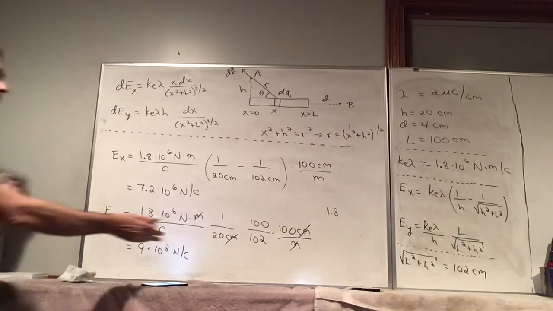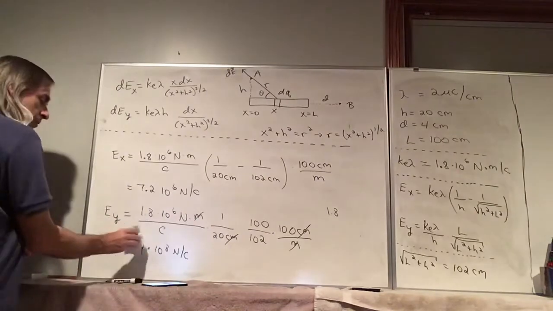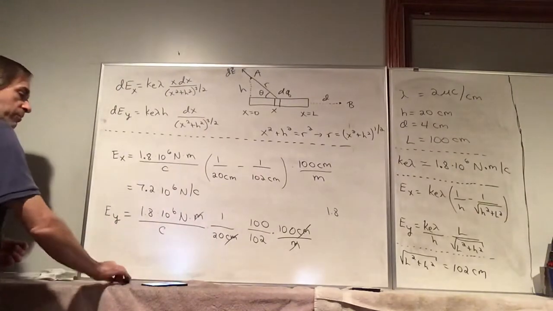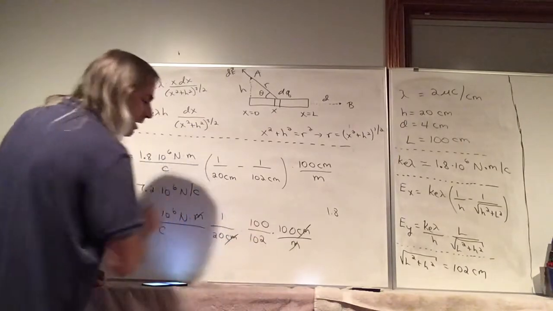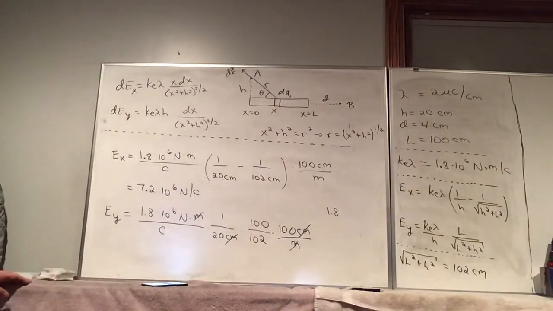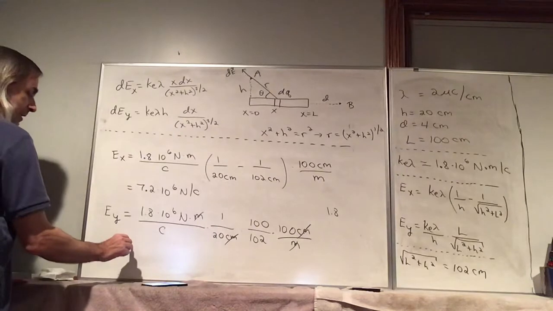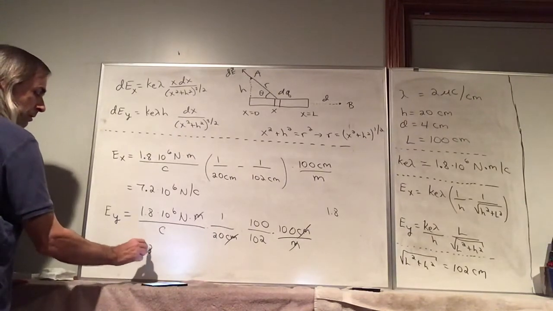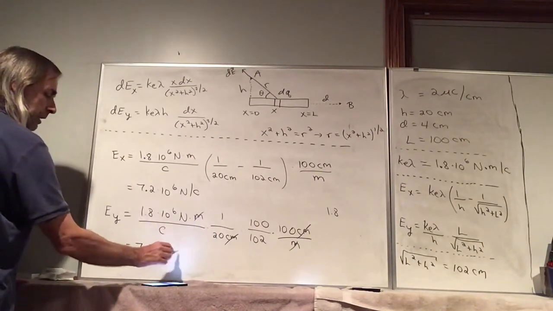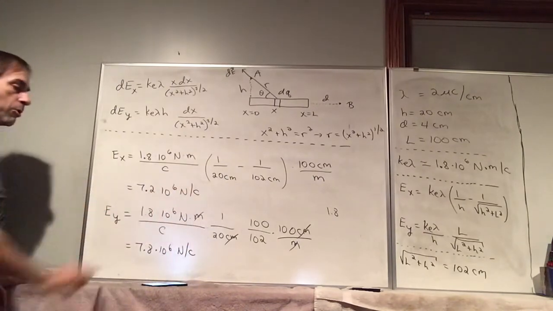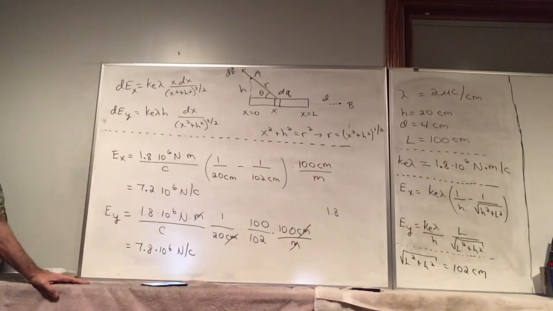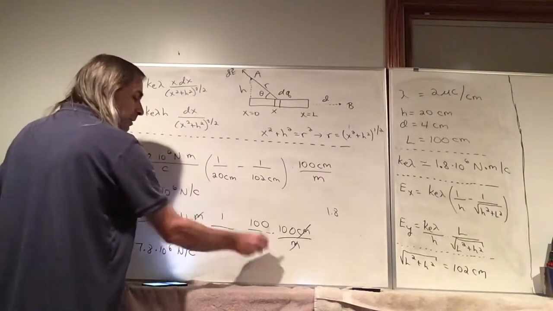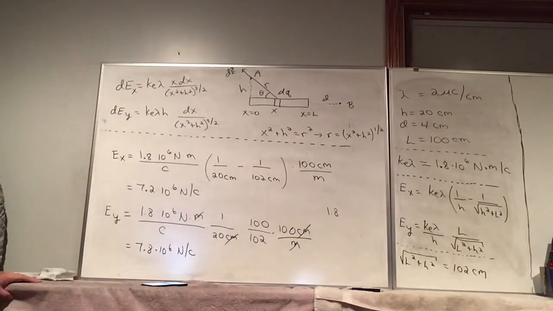Oh no, I totally neglected that. Yeah, I was wondering why that other component was so much bigger. So essentially this 100 and 102 are going to cancel out, so I think we're going to have about 7.8 times 10 to the 6 newtons per coulomb. For some reason I completely didn't even notice that 102 centimeters in the denominator.